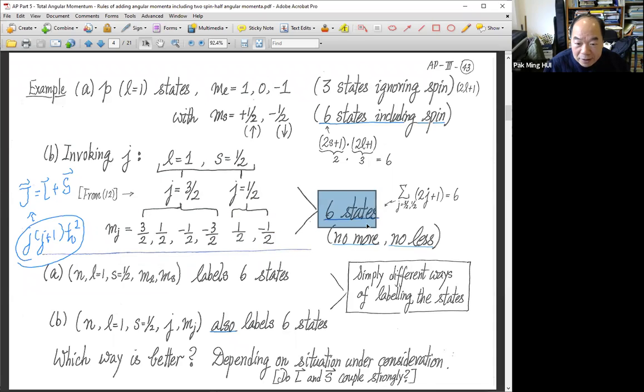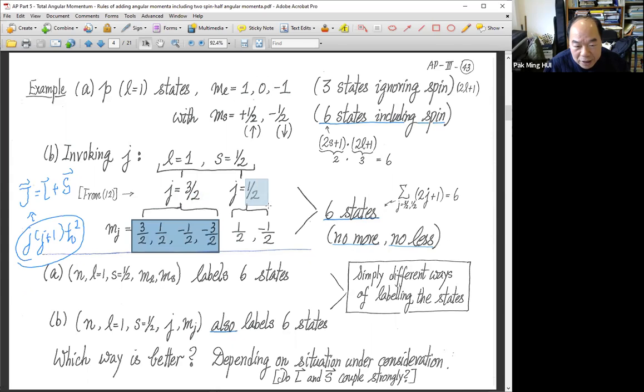No more, no less. Therefore, if we switch the description to L is 1, S is half, I need these 2 numbers because I list here so that I know the possible values of J. And now if I use J and MJ to describe the situation, I have J is 3/2, under which there are 4 values of MJ.